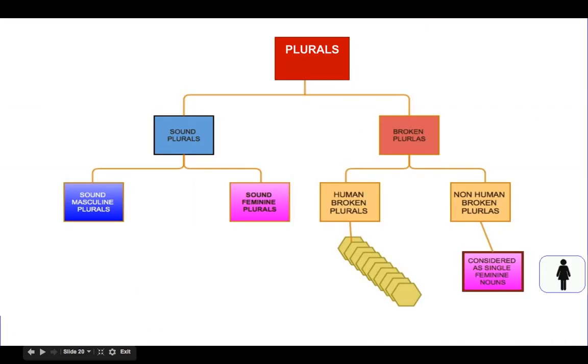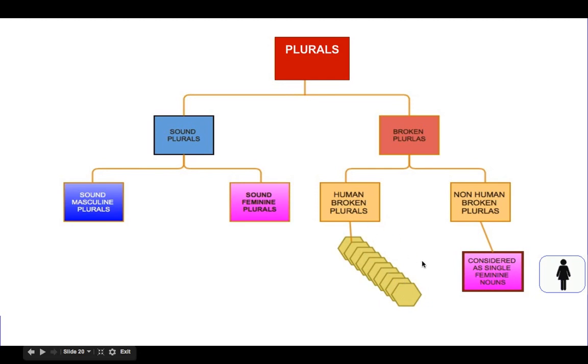So this is a table just to remember how the plurals are classified. We have sound plurals and broken plurals. In sound plurals we have sound masculine, jam' mudhakkar salim, and jam' mu'annath salim. In broken plurals we have human broken plurals, which have different patterns like fu'alun, fi'alun, fu'ulun.